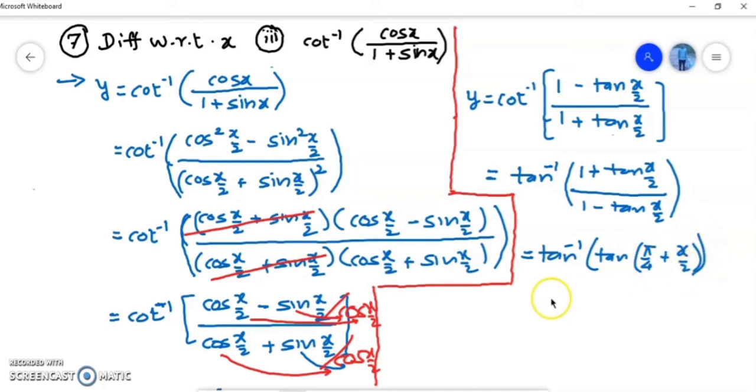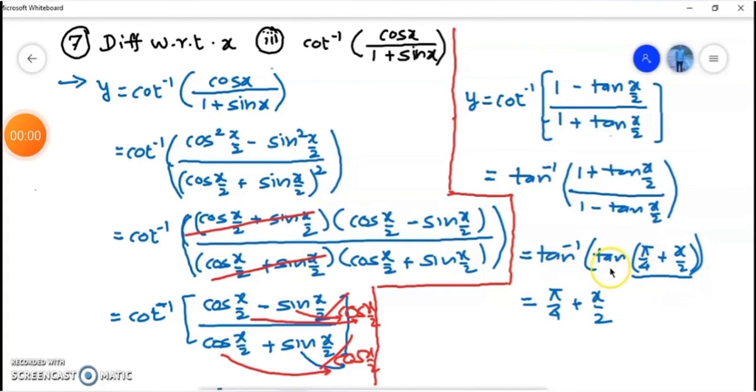Remember this allied angle formula: tan pi by 4 minus x by 2 is 1 minus tan x by 2 upon 1 plus tan x by 2. I didn't use that, but that is also there. So this gives simply pi by 4 plus x by 2, because we have tan inverse of tan of anything.